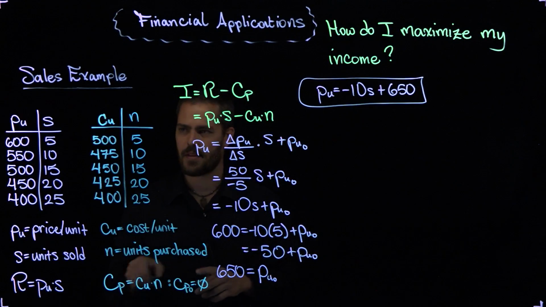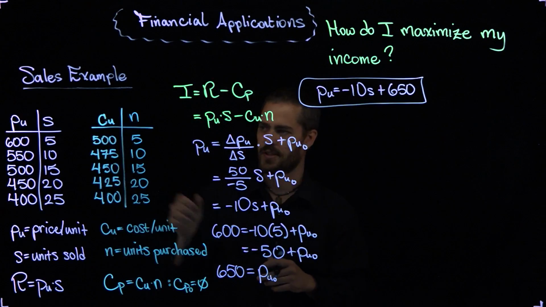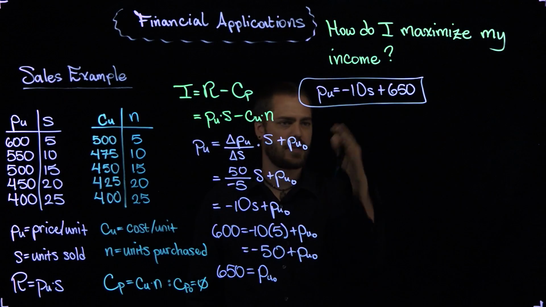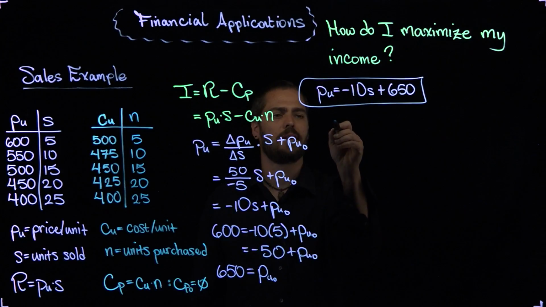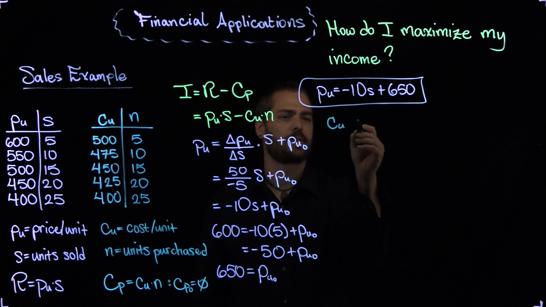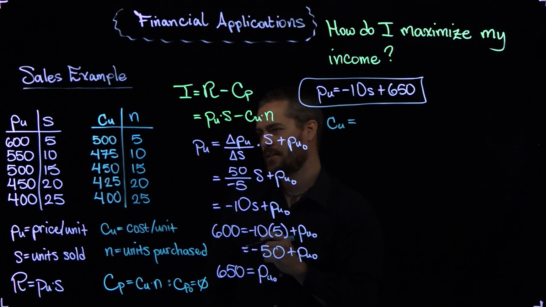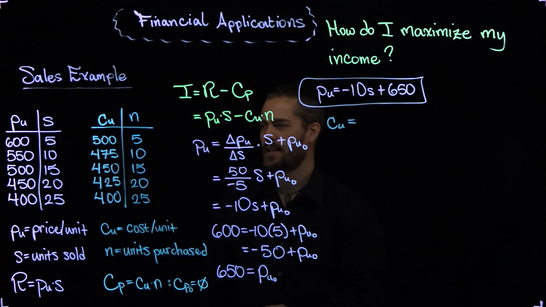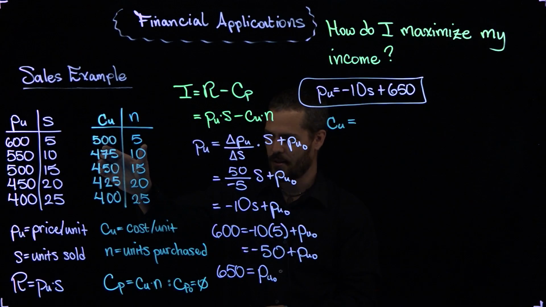I'm going to do the same thing with the cost structure here. And just for symmetry, to match it all up, let me define some kind of cost per unit in an equation. So I'm going to use another linear equation because it appears to me that the set of data over here is linear, which means that this is changing by fixed increments.